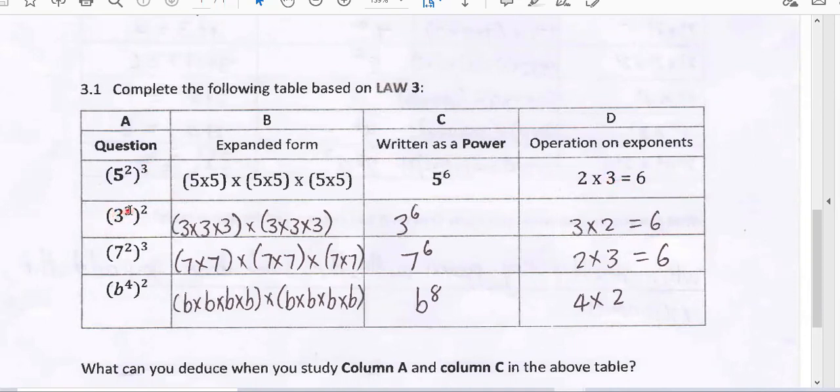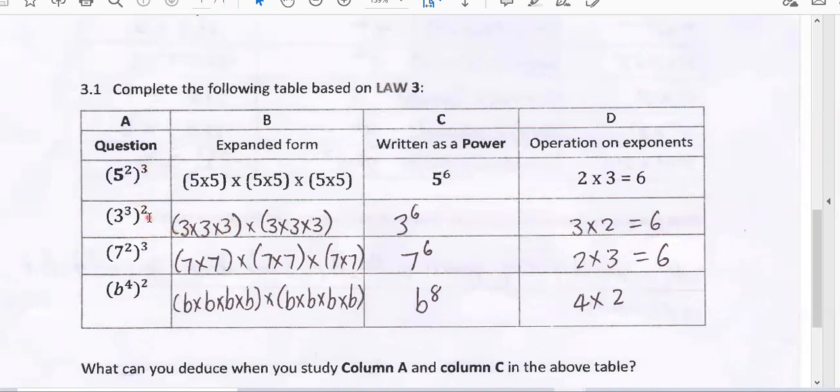Now the next one, the inner exponent is telling me within the bracket, I must multiply the 3 by itself 3 times. So the 3, which is the exponent inside, is telling me I must multiply that 3, which is the base, by itself 3 times. So it will be 3 times 3 times 3.